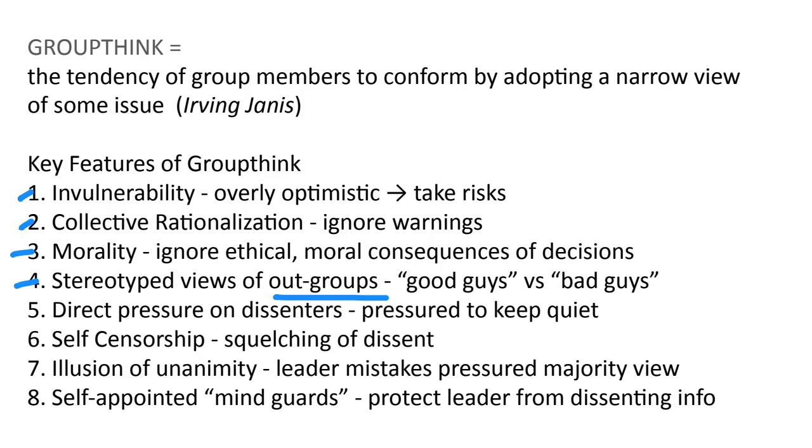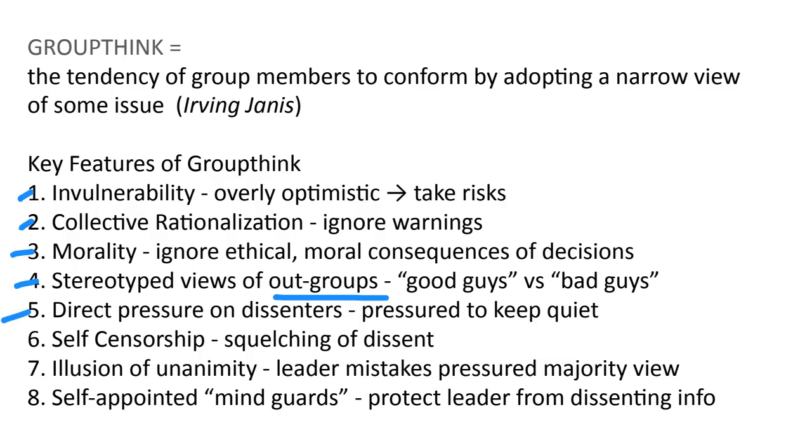Anyone who's opposing them or has a different point of view gets constructed as being evil or weak or stupid, and that serves as rationalization, justification for not considering what that outgroup has to contribute to this decision making that the group is doing.